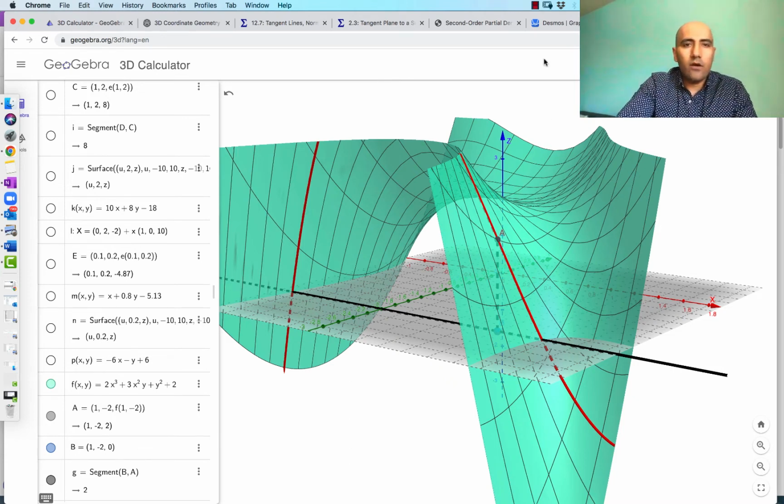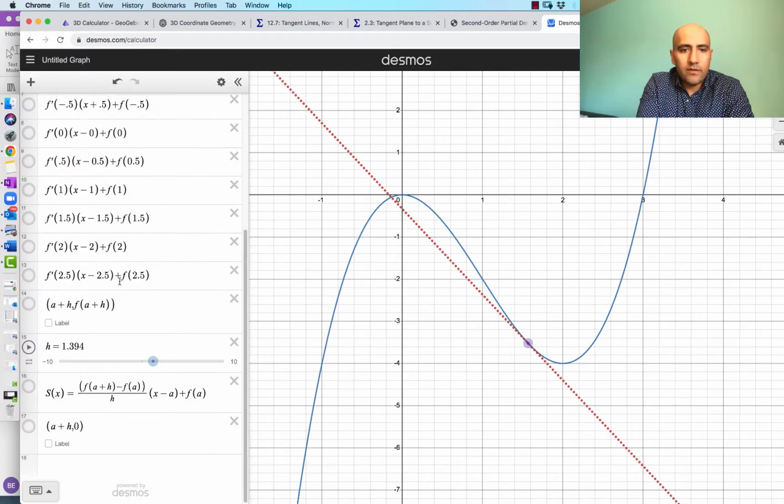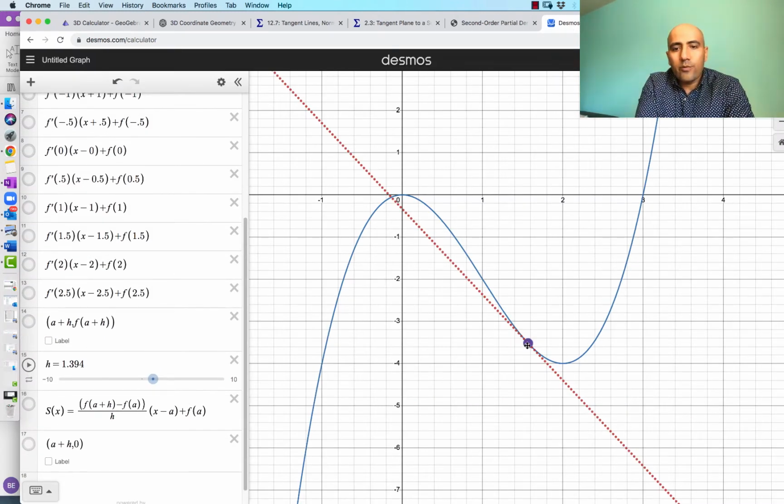So if you recall, when we were back with a two-dimensional graph, we were looking at tangent lines like this. We would say a tangent line touches the function at one point, but that's not really true because you can see clearly that it touches it at another point as well. Here it crosses there. So it's not sufficient to say that a tangent line only touches our function at one point.